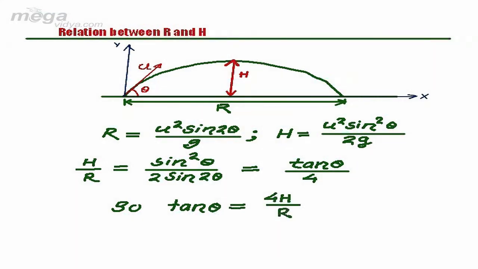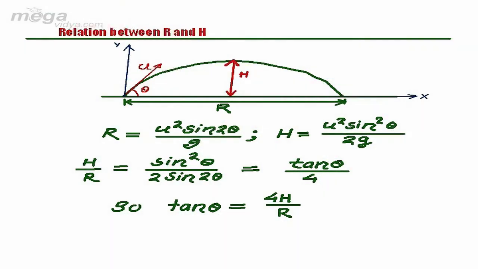This relation is very much useful to find the angle of projection if we have been given the maximum height and horizontal range. If we have been given R and theta, then we can get the maximum height attained. And on the other side, if we know theta and capital H, then we can get this horizontal range.